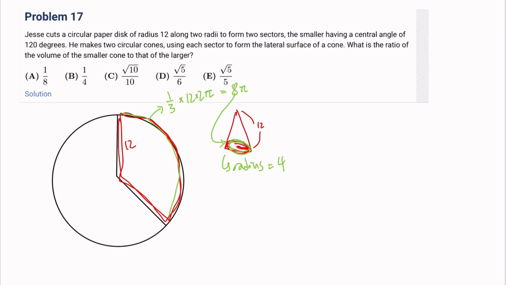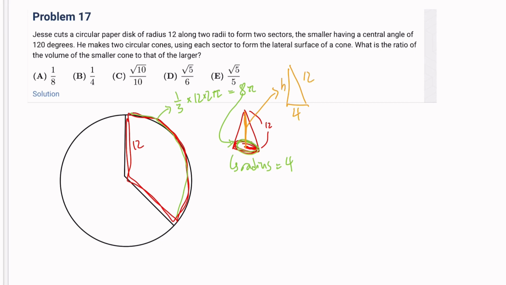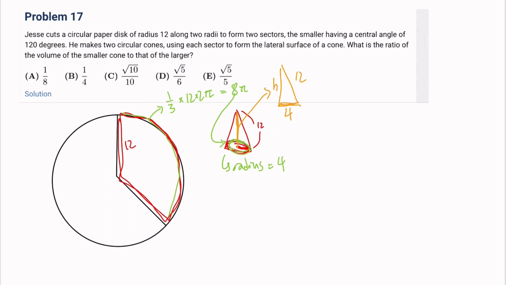And we need the volume, so we also need the height. By the Pythagorean theorem, this is the height, this is 12, and this is 4, because this is the radius. So h equals root 12 squared minus 4 squared, which equals 8 root 2, so h is 8 root 2.